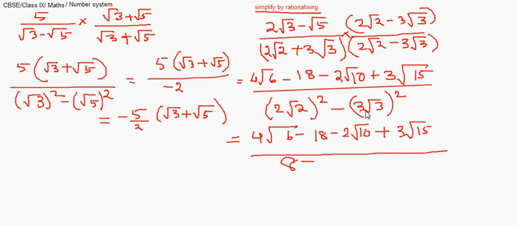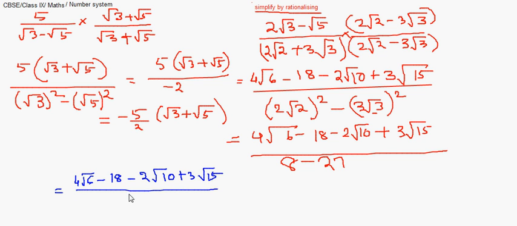Minus, 3 root 3 squared is 27. So I think the numerator is 4 root 6 minus 18 minus 2 root 10 plus 3 root 15.